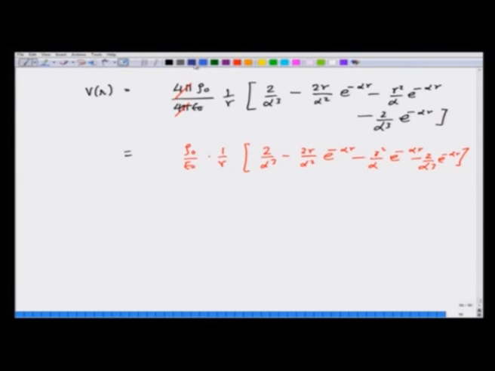Therefore, the work done is going to be rho 0 over epsilon 0 times the integral of 4 pi r square dr times the charge density, which is nothing but rho 0 e raised to minus alpha r, times 1 over r times this whole thing. Let us cancel a few terms. This r cancels here, gives me r alone.